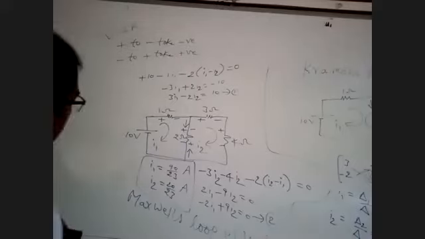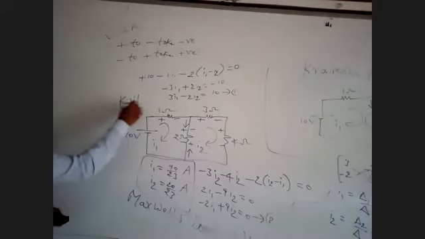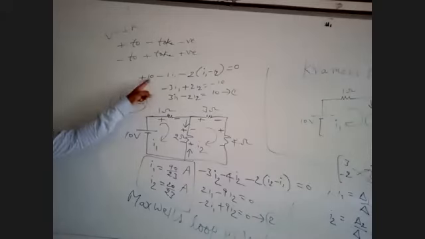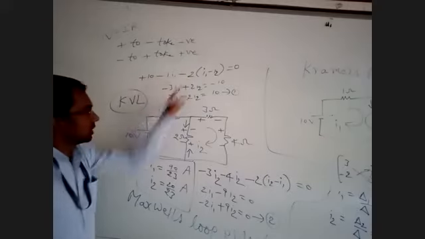See here, the KVL definition. Algebraic sum of voltages. See, this is a voltage, this is a voltage, this is a voltage, in a loop.